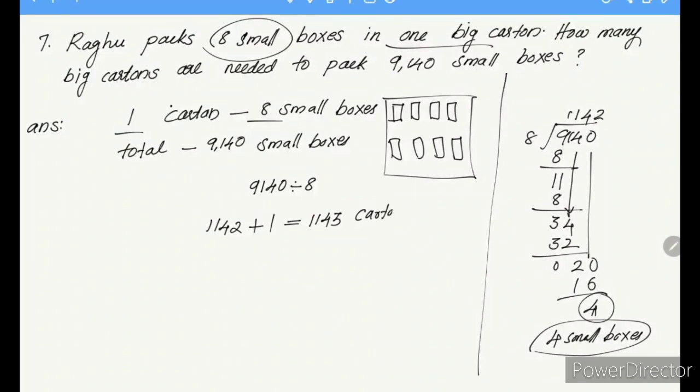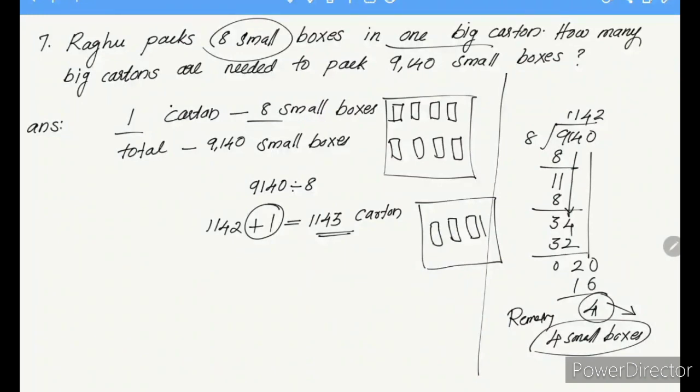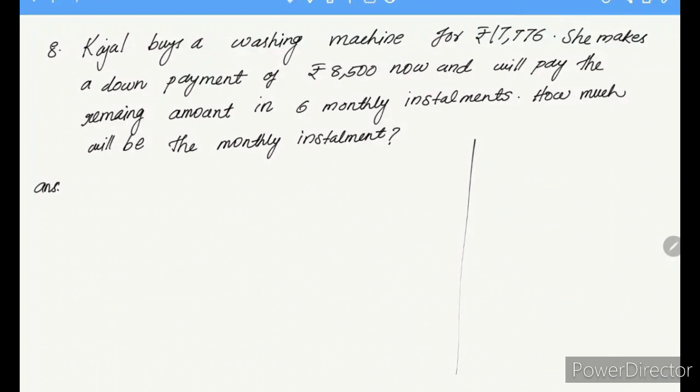Okay. You understood here why I add 1 here? Because 4 small boxes are remaining there. And for that 4 boxes also we need one big carton. Then only he can pack the small boxes completely. So I add 1 here. Then we will get 1,143 cartons.